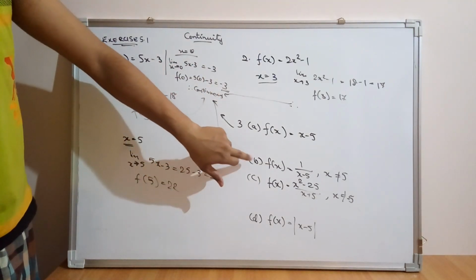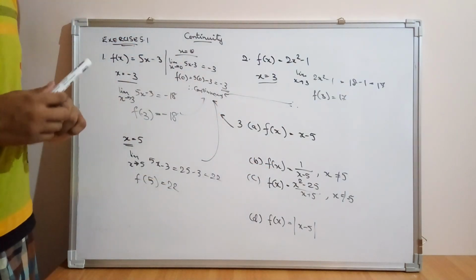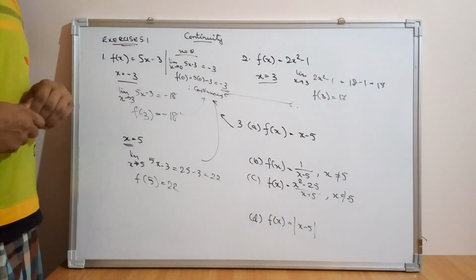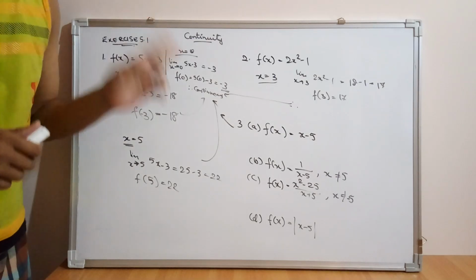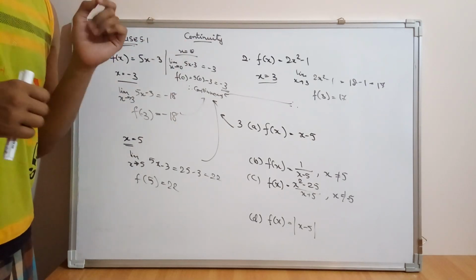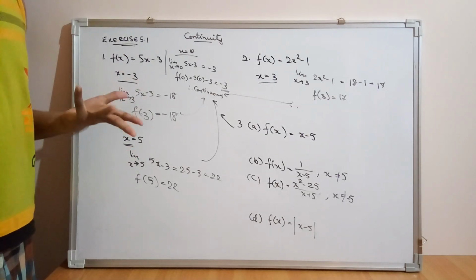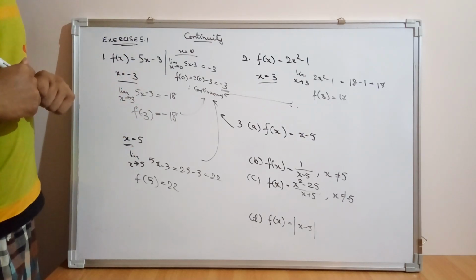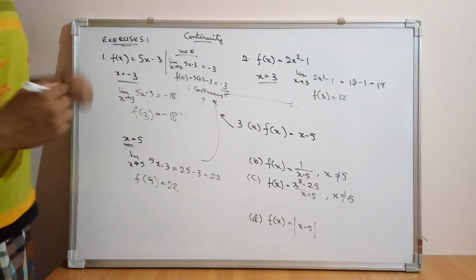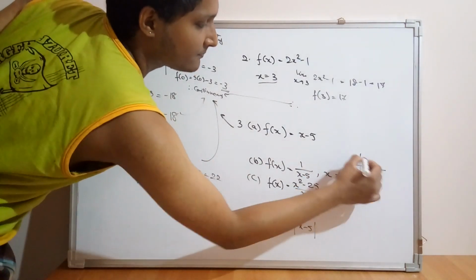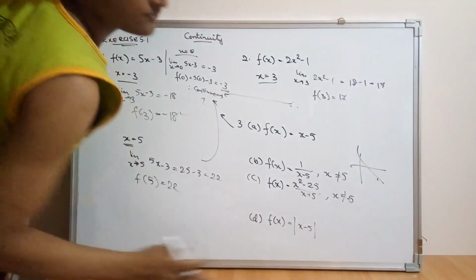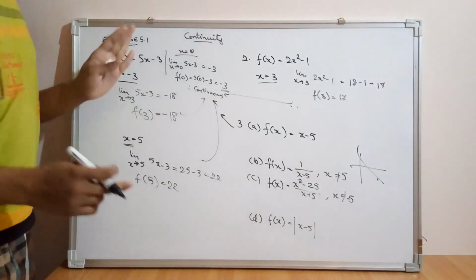Next you have b, that is f of x is equal to 1 by x minus 5. Here it is given that x is not equal to 5. That means there is no position where this function is going to be infinity or vanish at a particular place. When you consider this type of function, it is going to be a curve, since it is a reciprocal function.